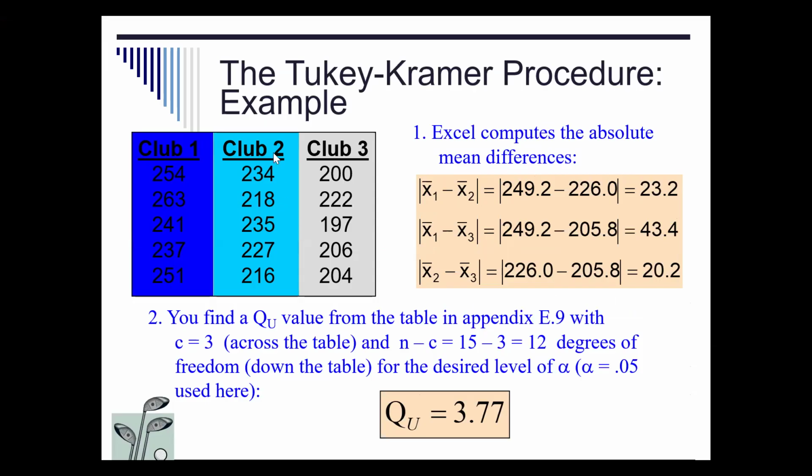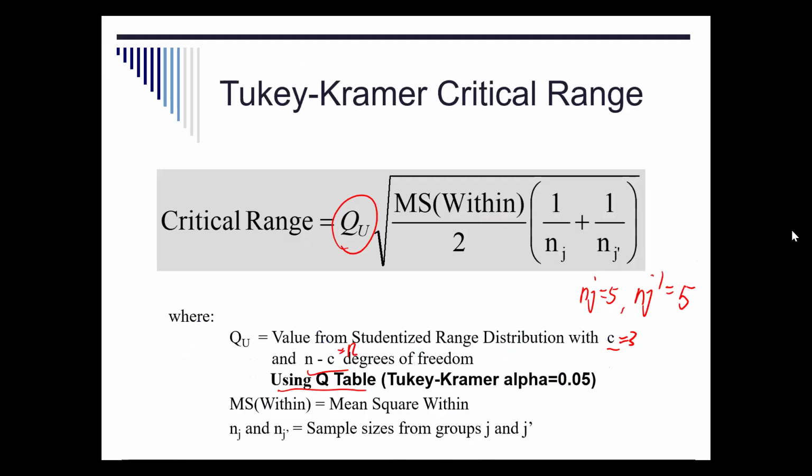And then the second club and the third club, the difference is 20.2. Based on the Q table, C equal 3, N minus C equal 12, we get a QU of 3.77.